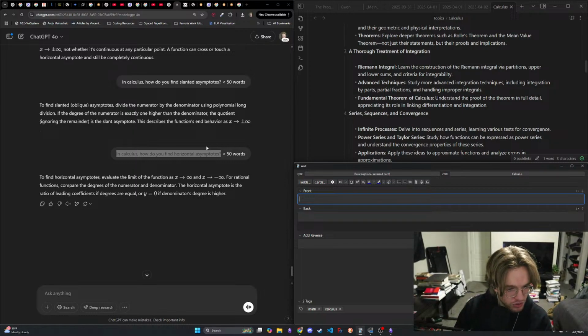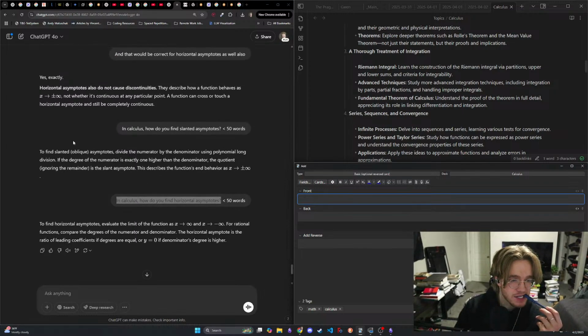Find horizontal asymptotes: evaluate the limit of a function as x approaches infinity and negative infinity. For rational functions, compare the degrees of the numerator and the denominator. The horizontal asymptote is the ratio of leading coefficients if the degrees are equal, or y equals 0 if the denominator's degree is higher. Okay, so it looks like we're dealing with fractions for both of these.